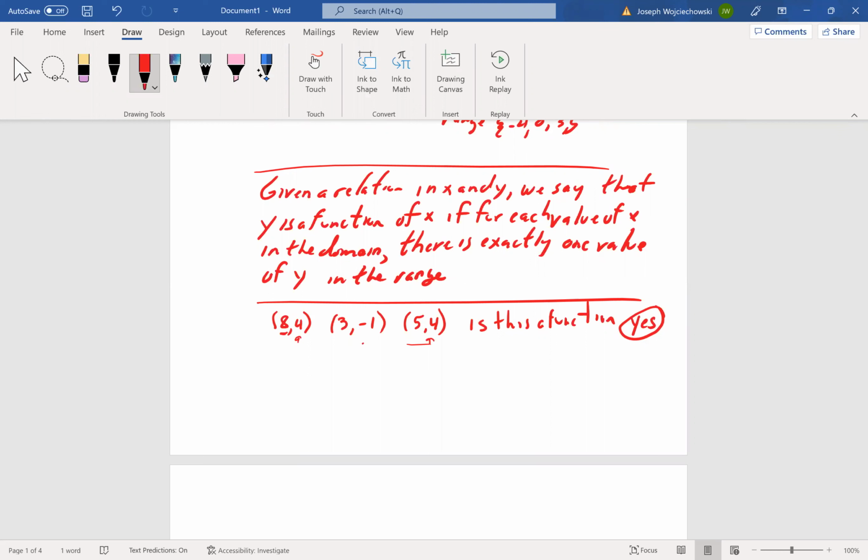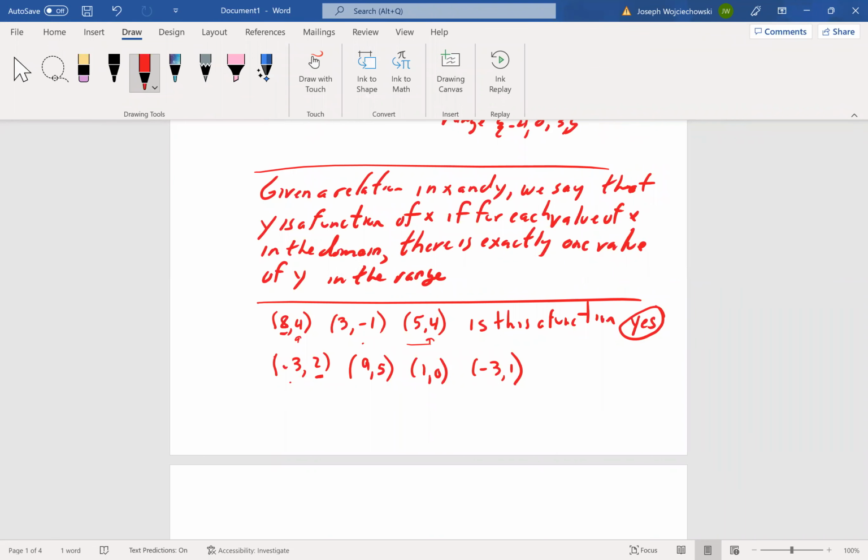So let's look at another one. Let's look at (-3, 2), (9, 5), (1, 0), and (-3, 1). Okay, so -3, I have a value of 2.